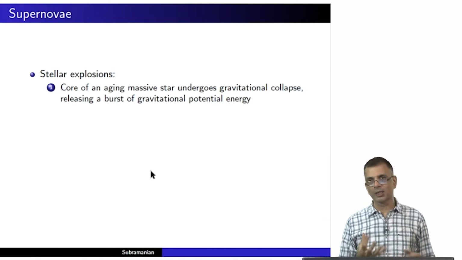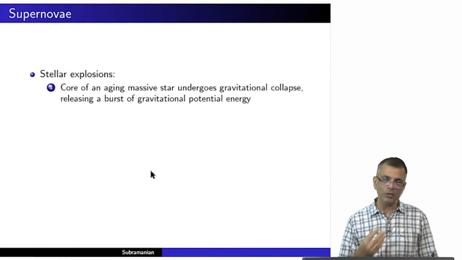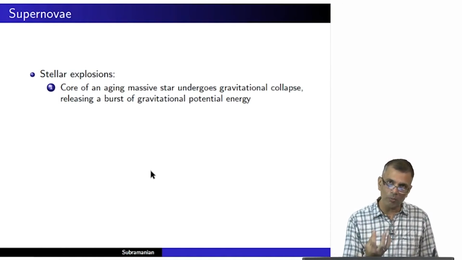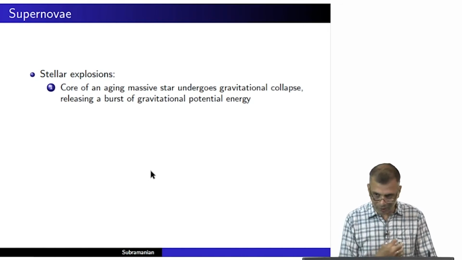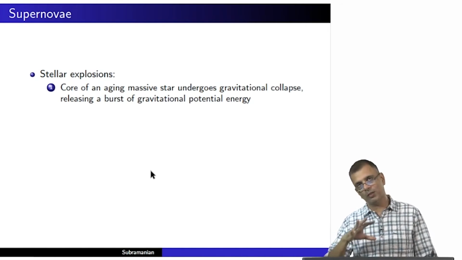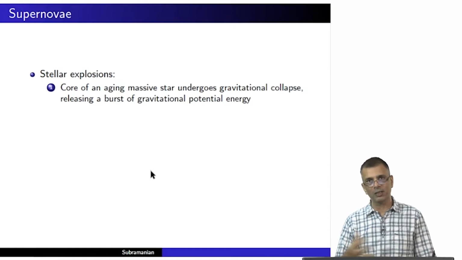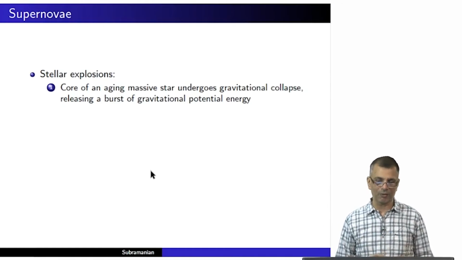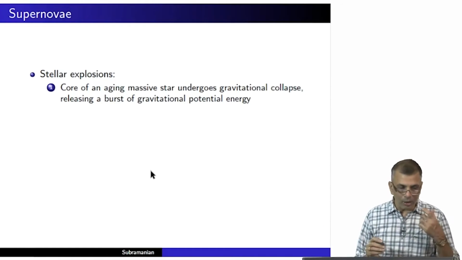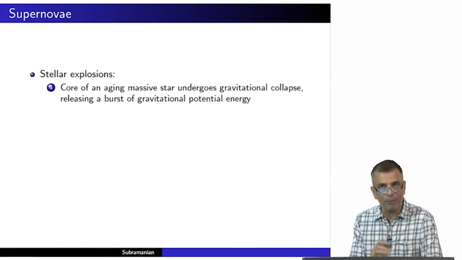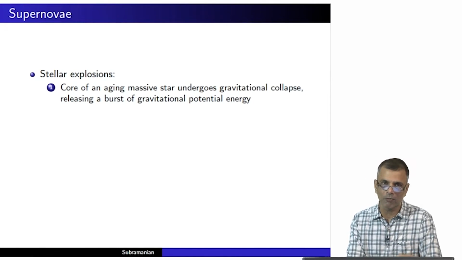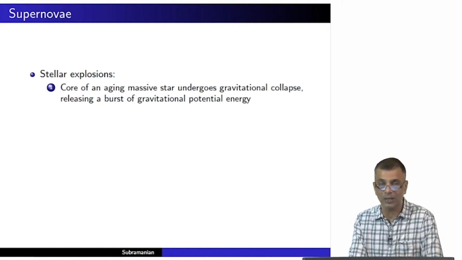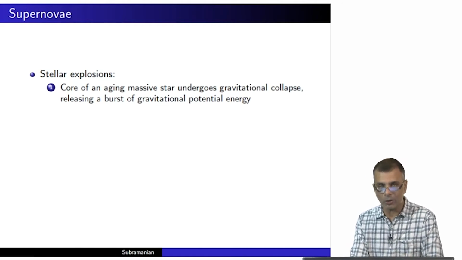Often what happens is that during the course of stellar evolution, the core becomes so massive that one force, the gravitational attraction, predominates over the tendency of the pressures to resist it. And this can happen only under certain very specific conditions, for certain very specific initial masses of the stars, but it happens quite often.